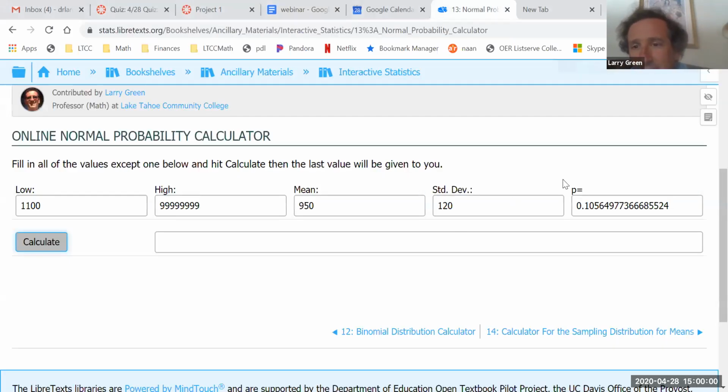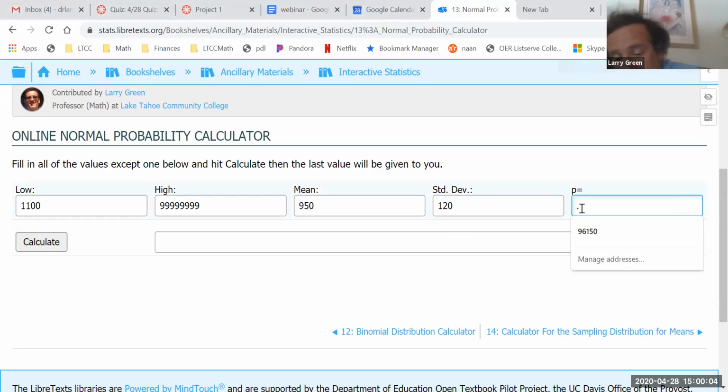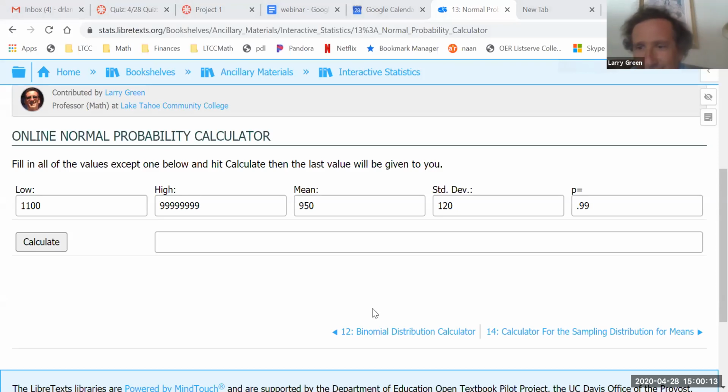Okay, so the first thing is I want to be 99% certain, so P is 0.99. That's a probability. Hopefully that you all got. Any questions so far? Okay, now what does it mean to not run out?